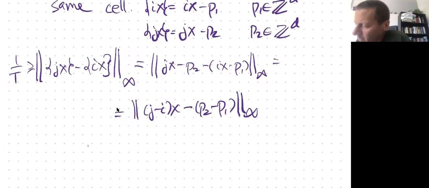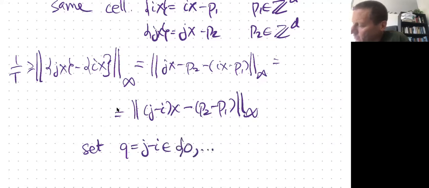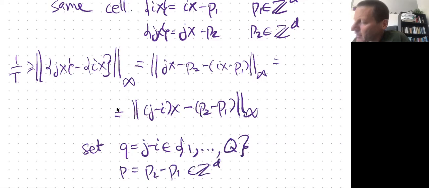So where did q go? Let's set q to be j minus i. So q is not 0 because j and i are distinct. And so this is a number between 1 and capital Q, an integer, and p equals p2 minus p1. This is a vector in Z^d.